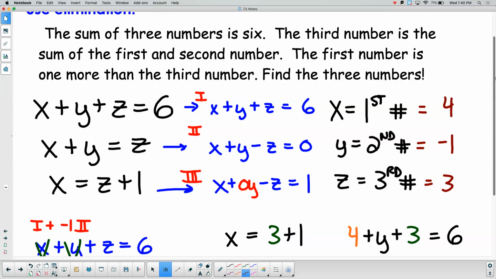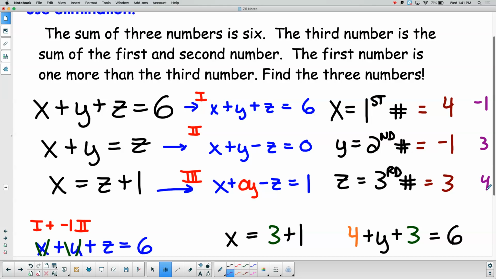Yes. Okay. If I put them in a different order, then that doesn't work out. If I were to change this to be negative 1, 3, and 4, yes, the sum of the three numbers is 6. That works out. But the third number, 4, is now not negative 1 plus 3.